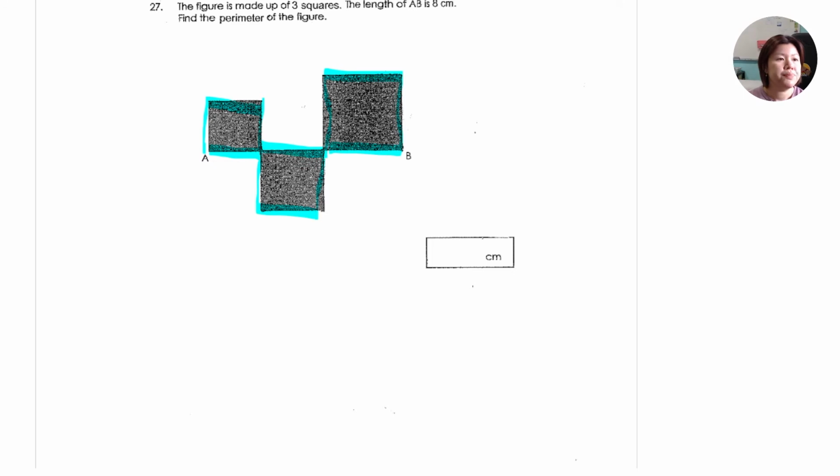So if you can see here, here and here is 8 cm. So one set of small, medium, big square is 8 cm. I got another one more set. 1, 2, 3. Okay, so I have here also. And the last one is this side. So I got 4 sets. One set is 8 cm, 4 sets times 4 will give you 32 cm.